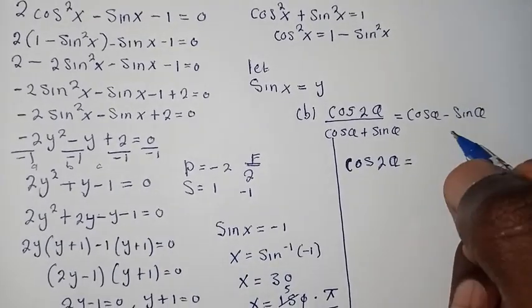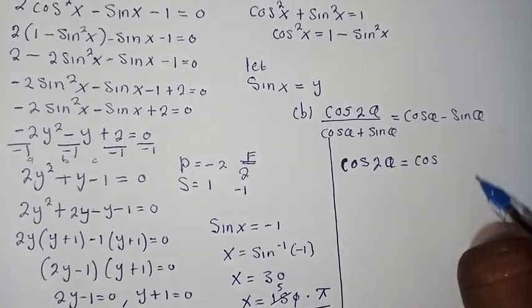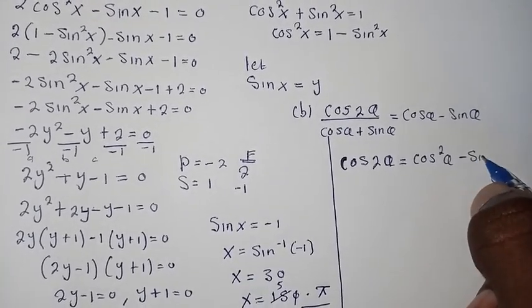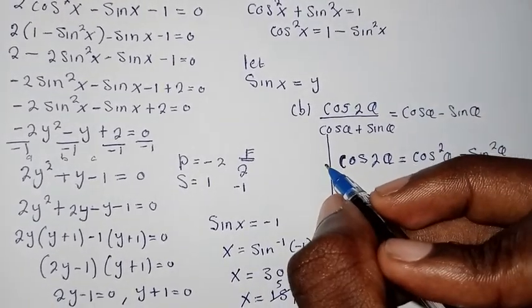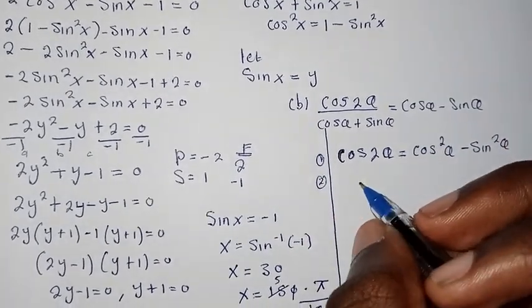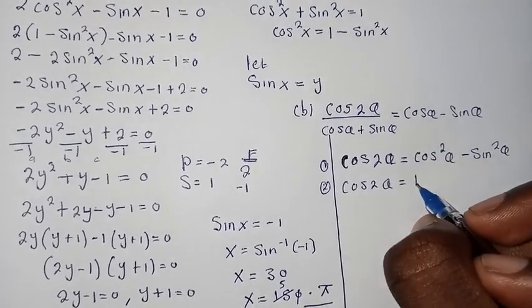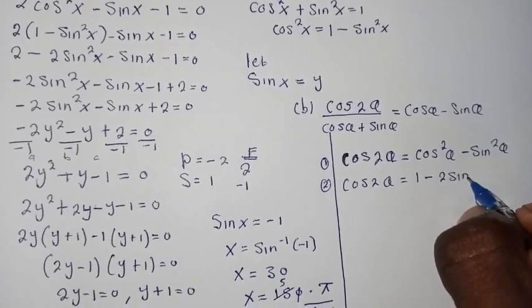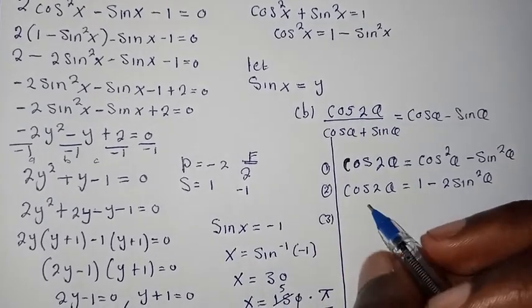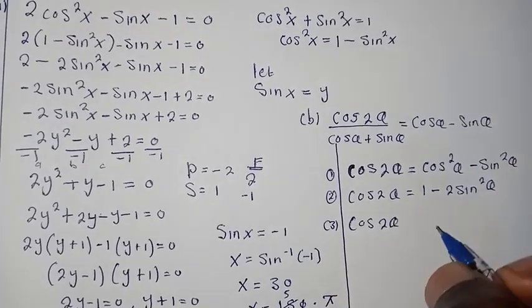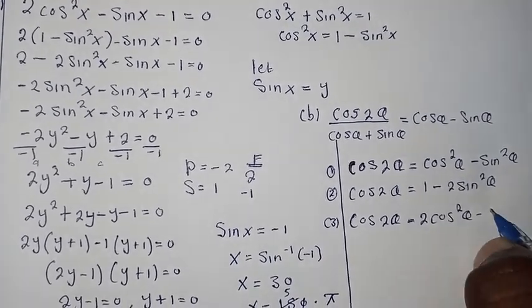The first trig identity is that cosine 2 theta is equal to cosine squared theta minus sine squared theta. The second trig identity is that cosine 2 theta can also be written as 1 minus 2 sine squared theta. You must be able to know this. The third one is that cosine 2 theta can also be written as 2 cosine squared theta minus 1.